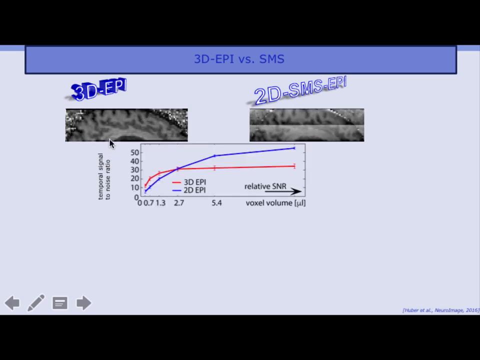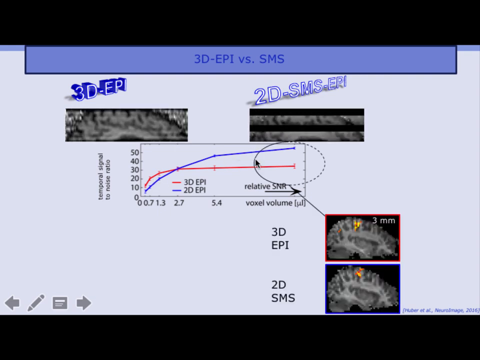And when you look at the signal quality as a function of voxel volume, here the tSNR, you can see that in different spatial regimes, different methods seem to be better. At low resolution, like 3 millimeter conventional fMRI, we have a spatial regime where most of the signal fluctuations are actually coming from the sample, from the brain itself.